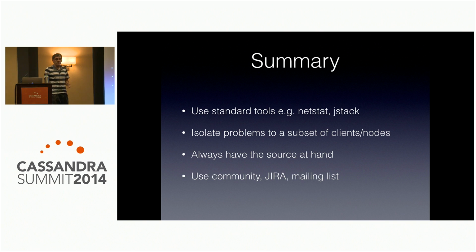Another thing I find very useful is to try and isolate the problem. Often your client sees 2% of things time out, and it looks like the whole cluster is broken because everyone's timing out. But when you drill down, maybe the storage proxy latencies are all quite similar, because storage proxy routes to other nodes.